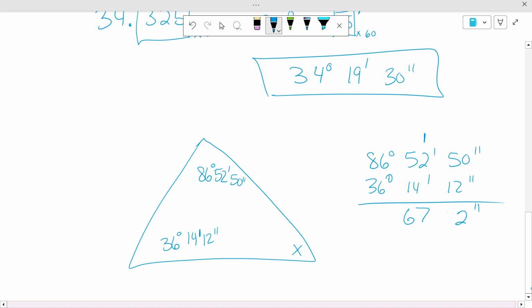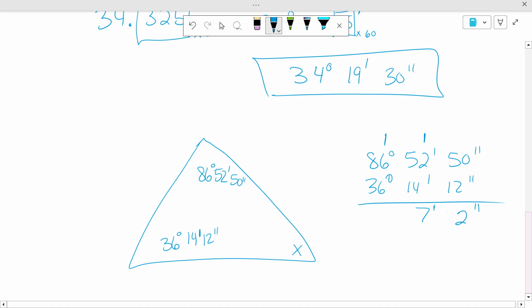Can we have 67? No. So then we get rid of the 60 and it's just 7 and we add a minute to here. I borrowed 1 from here.